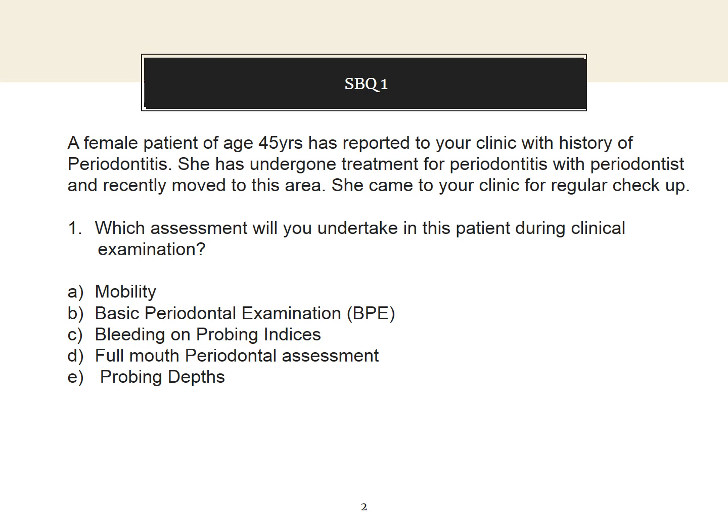Without knowing the concepts of that question, it is tough to answer. But if you know what a basic periodontal examination is, then it is a very easy answer.